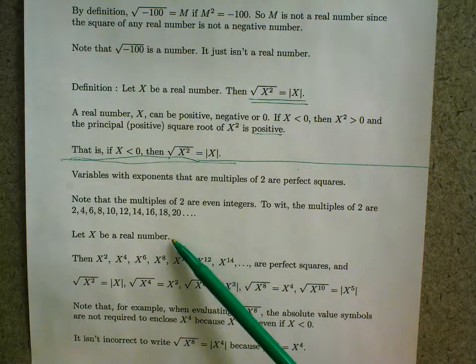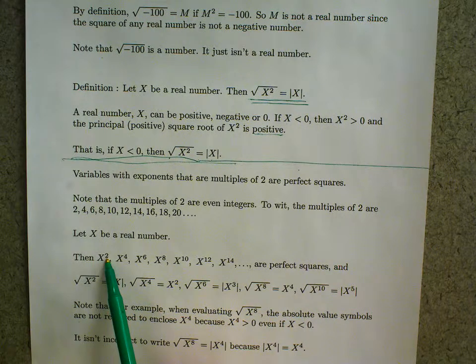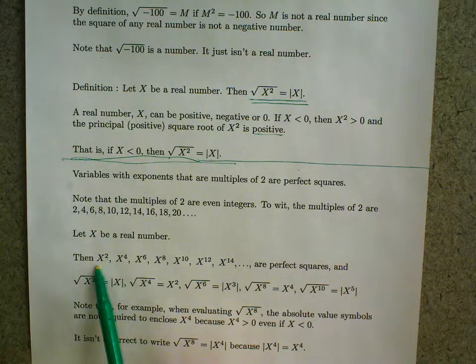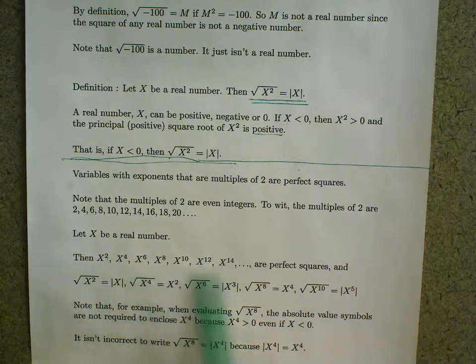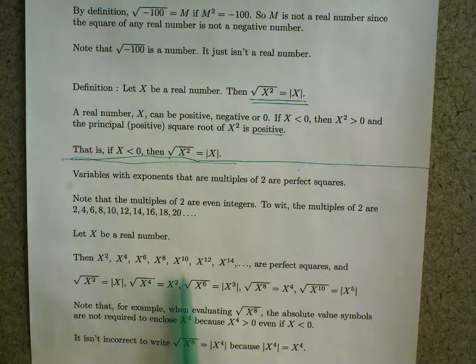Okay, so let x be a real number. Then if you raise x to a whole number that is even, those are considered perfect squares. So x to the second, x to the fourth, x to the sixth, and so on. Those are considered perfect squares because each of those exponents is a multiple of 2.